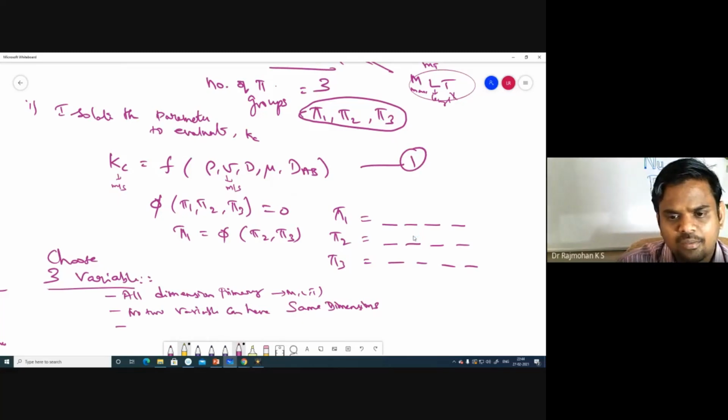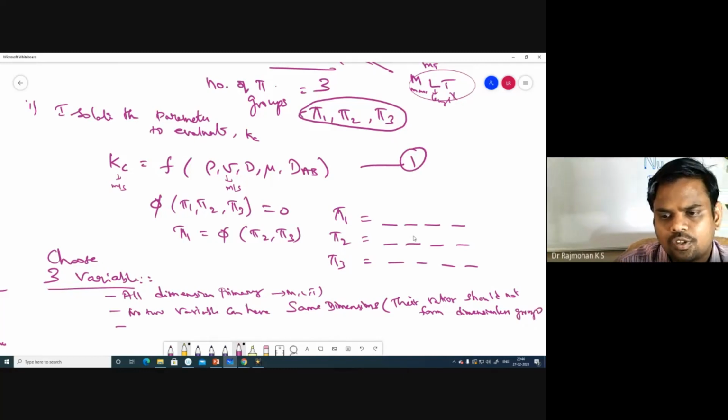The ratio of two variables should not form any dimensionless group, because when you take a ratio of two variables which have the same unit, what we get is a dimensionless number. So together these should not form any dimensionless groups. That way we can choose three parameters.